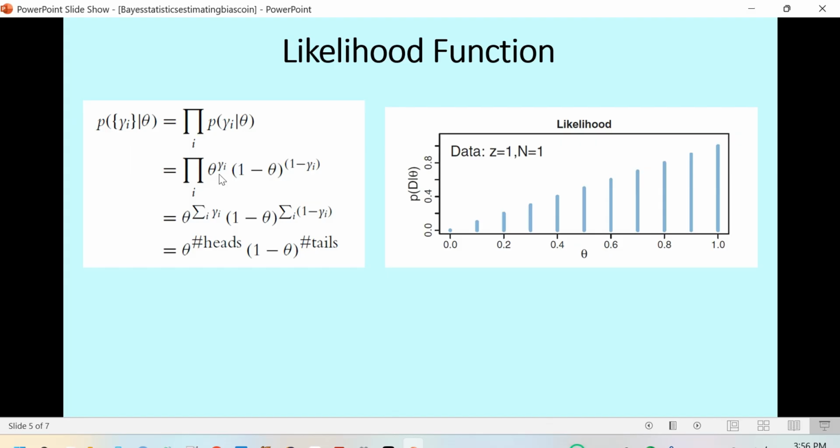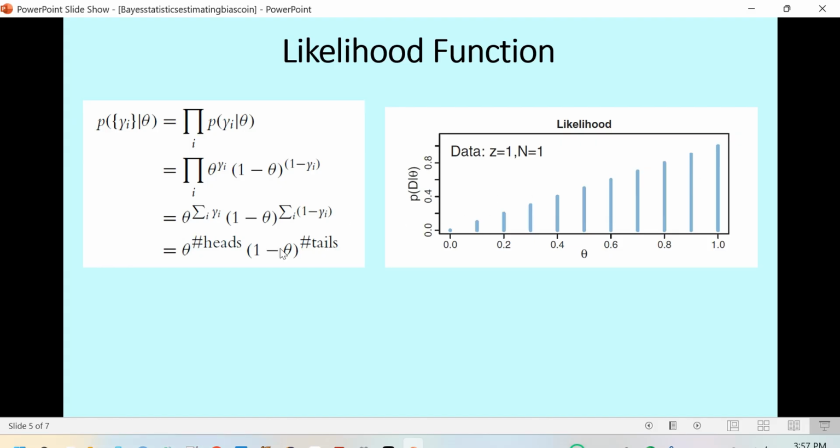And because there are multiple heads and multiple tails, we can sum them together and put them in the power part. So in the end it is theta to the power of how many heads, times 1 minus theta to the power of how many tails. You can see this is very similar to the binomial distribution, right?